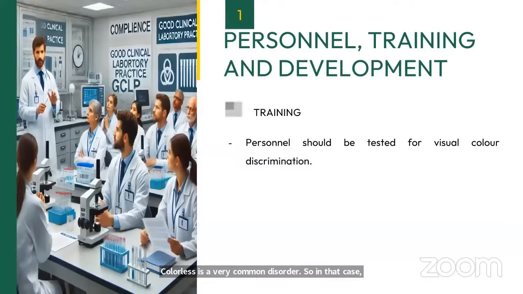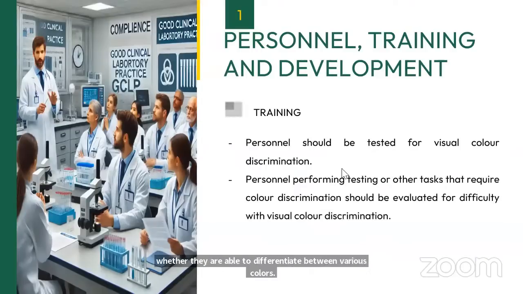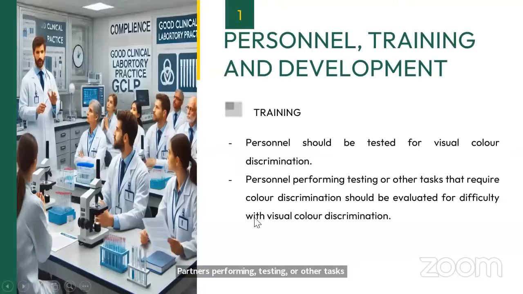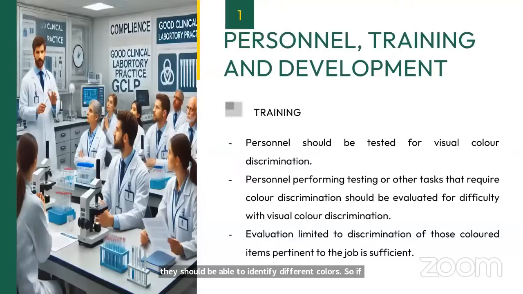So you should take an appropriate evaluation with respect to visual color, whether they are able to differentiate between various colors. Personnel performing testing or other tasks that require color discrimination should be evaluated for difficulty with visual color discrimination. They should be able to identify different colors. The evaluation should be performed independently. Evaluation limited to those color items pertinent to the job is sufficient.